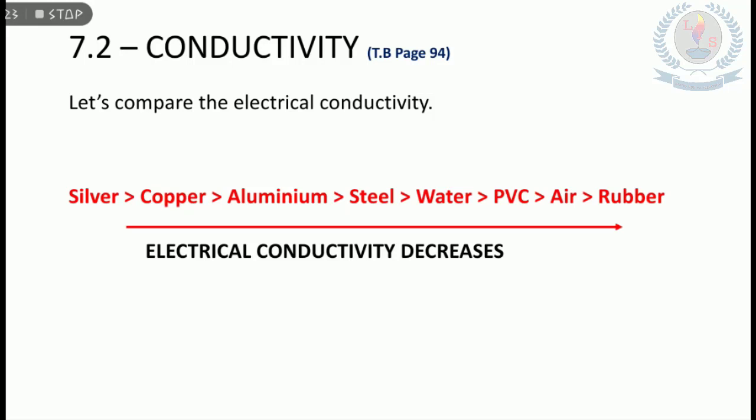Highest is silver. We know that silver is a good conductor as it's a metal. Then copper. After that aluminium, next steel, water, PVC, which means plastic, air, and the least is rubber, which is an insulator.